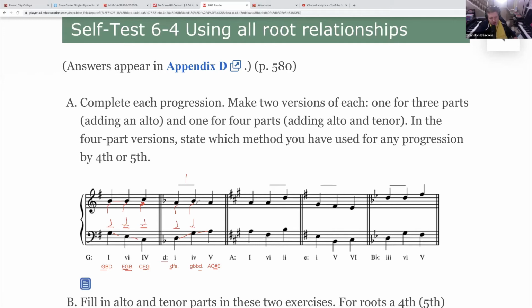So G went to A. I'm sorry, B flat went to A. G is going to go down to E. And D is going to move to C sharp. Are we all right with that?